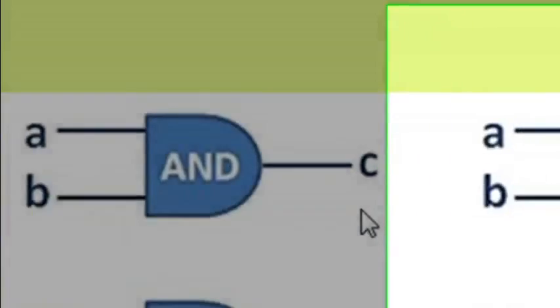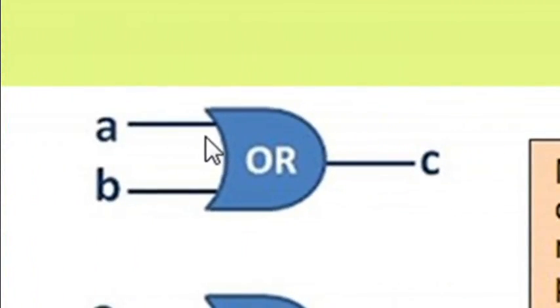An AND gate, for example, will generate an electrical charge here only if both of these have an electrical charge on them. So if A and B, let's say, are true because they have an electrical charge, then C will be true also. In this case, an OR gate, a charge here, or both places, would produce a charge here.